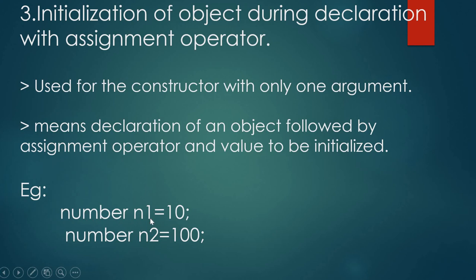Declaration of the object followed by assignment operator and value to be initialized. Here we are using one and only one argument. In this first example, the object n1 is initialized with the value 10. Here n2 is initialized with the value 100.